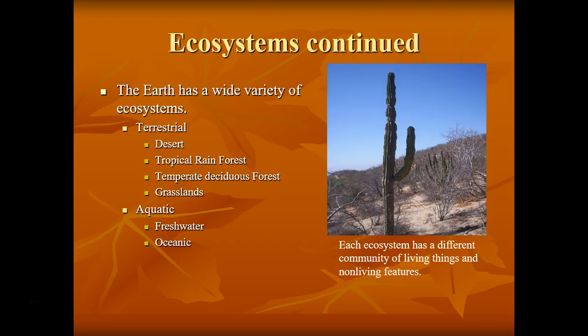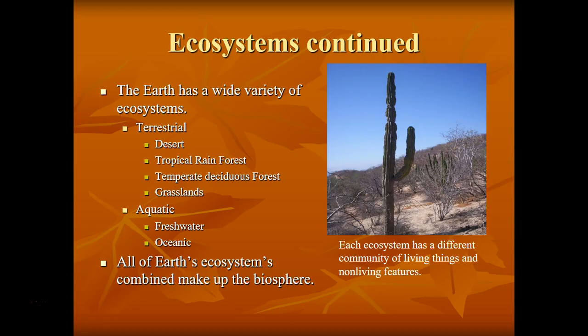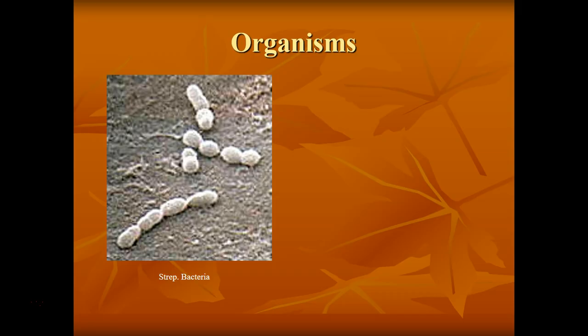And the abiotic factors that contribute to their life will also be different based on where those organisms are found. The combination, though, of all those ecosystems or biomes ultimately makes up our biosphere, so that's sort of where that piece fits in.